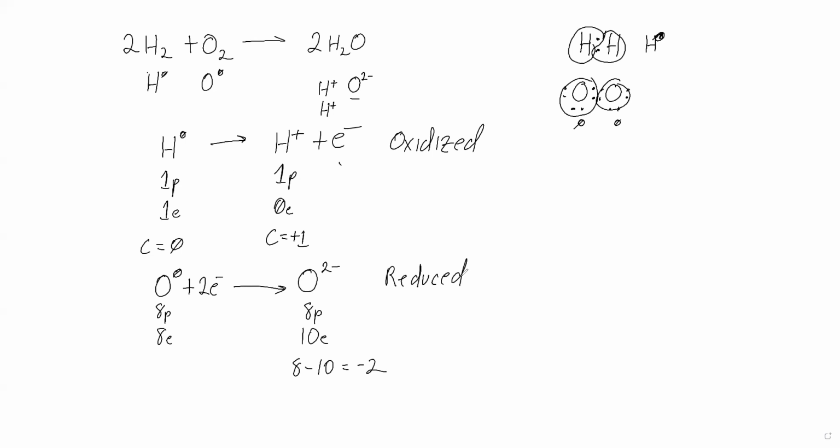So if you look at overall what happened in this reaction, we have 2H2, which is the same thing as 4 hydrogen atoms, and each one went to H plus an electron.